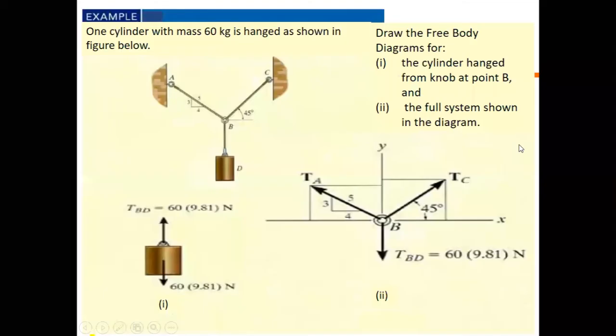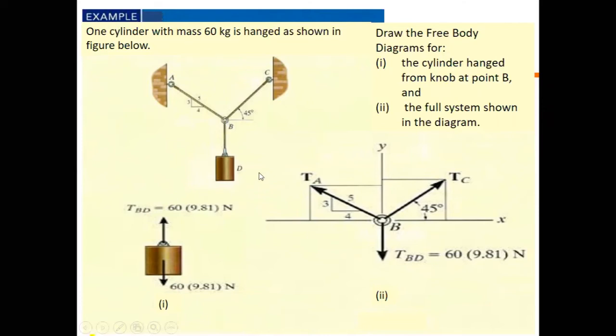Okay, let's see another one. A cylinder hangs from the point B and is supported by two cords at A and C. If we ask, what is the free body diagram of this cylinder from the point B and the whole system?